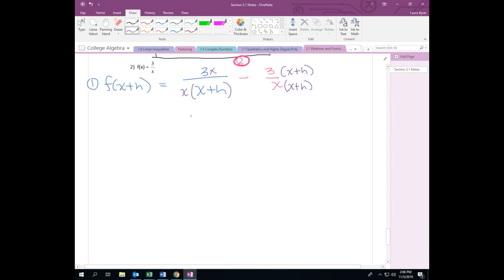So on the left, I've got 3x over x times x plus h minus, I've got to distribute here, 3x plus 3h over x times x plus h.